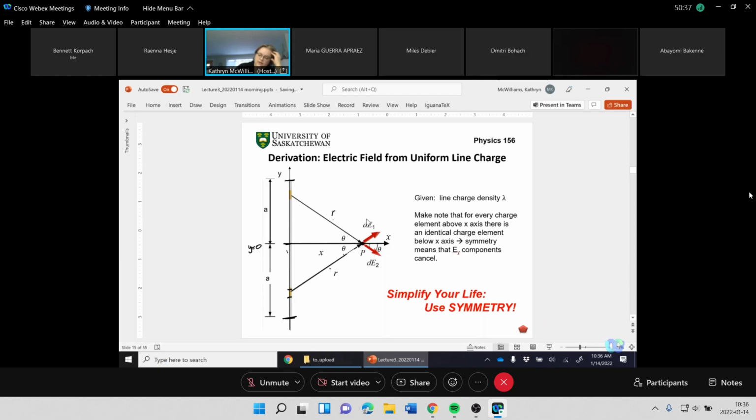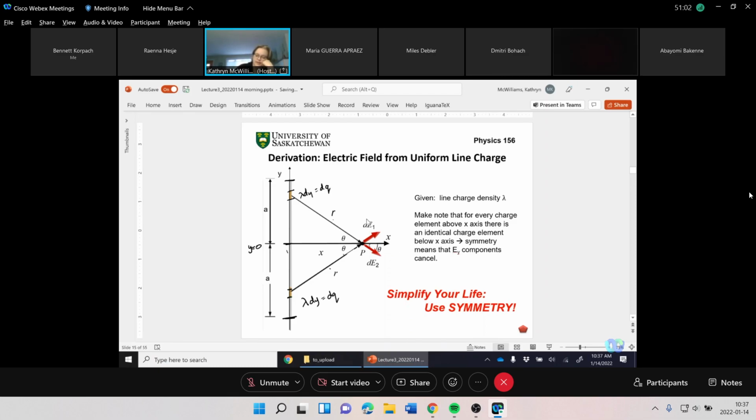We have some charge density lambda per meter, and some little elemental length in the y direction. So this is coulombs per meter times a meter, giving a little elemental amount of charge. And we have the same here, another little elemental bit of charge.